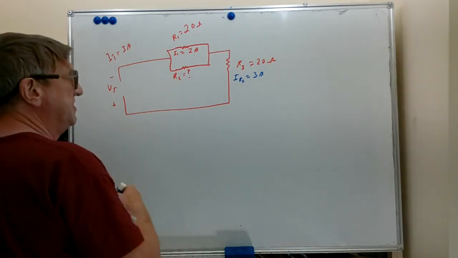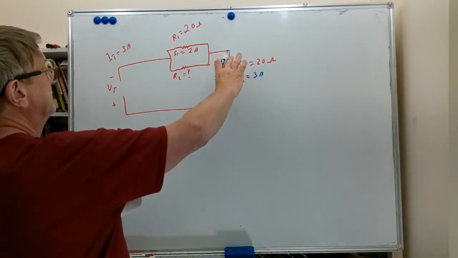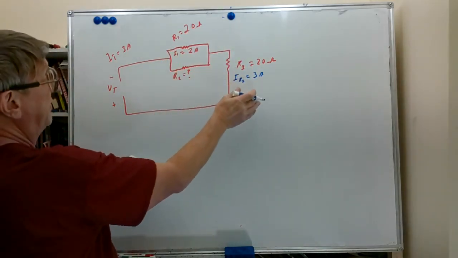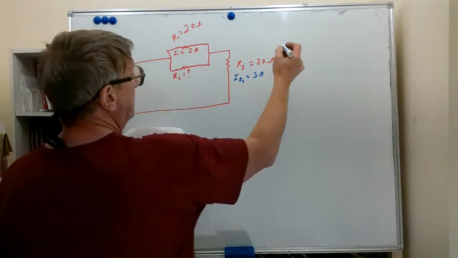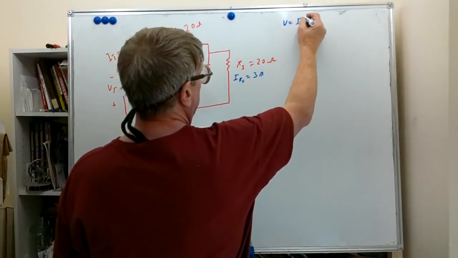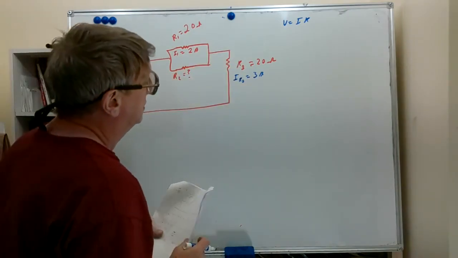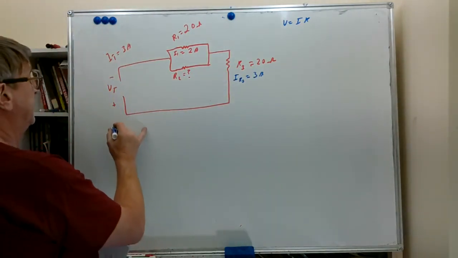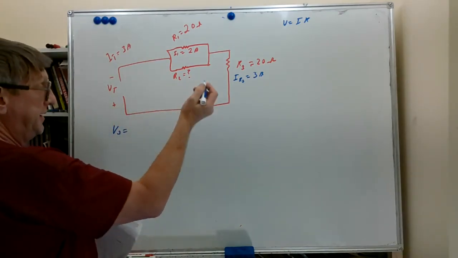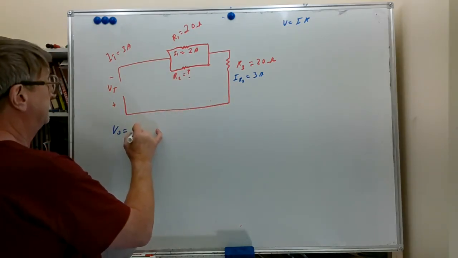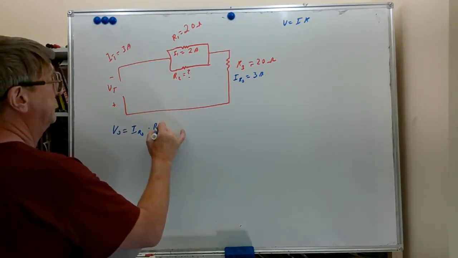Let's start by finding the voltage across R3. If we find this voltage and then we find this voltage, we can sum them up and get the total voltage. Remember, voltage equals IR, because we have I, 3 amps, and R of 20 ohms. So V3, the voltage across R3, is going to be equal to IR3 times R3.